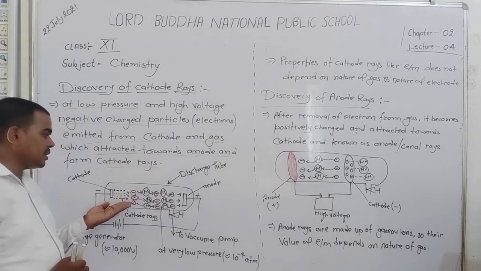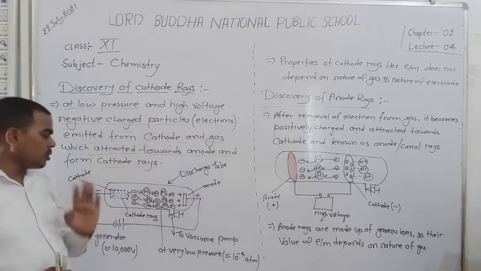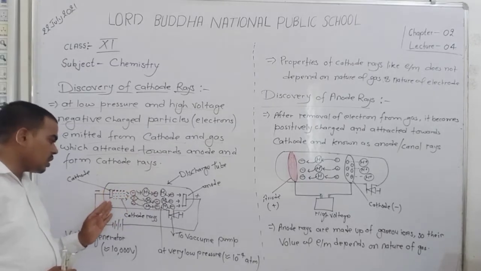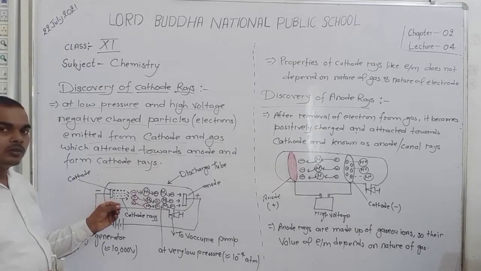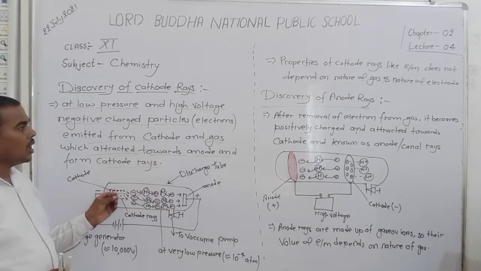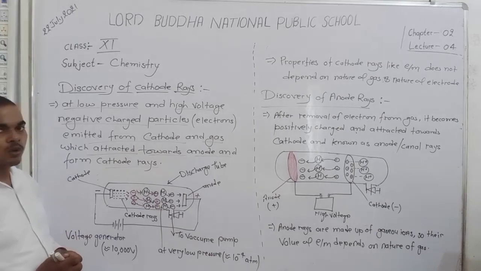Here the negative charge particles, that is electrons, are generated from the cathode, so these particles are also known as cathode particles, or electrons.